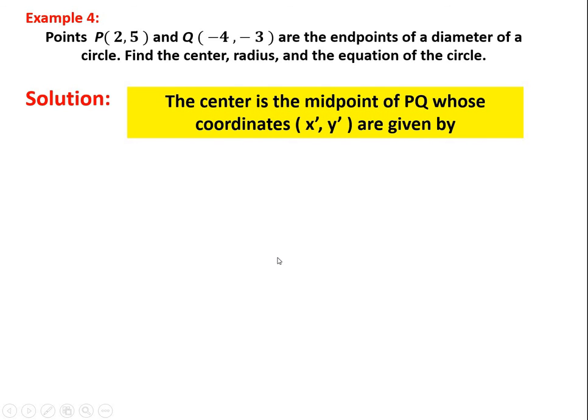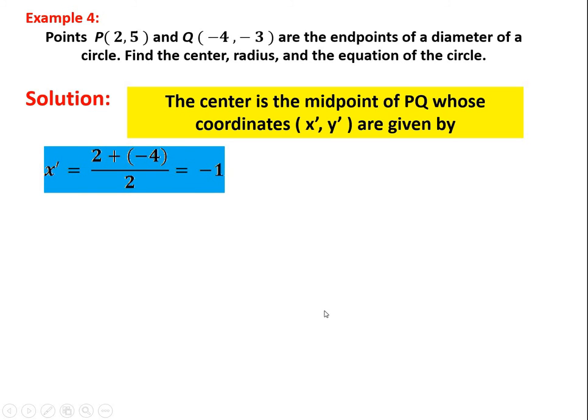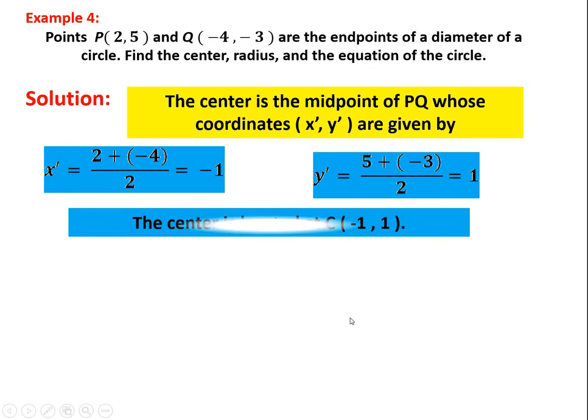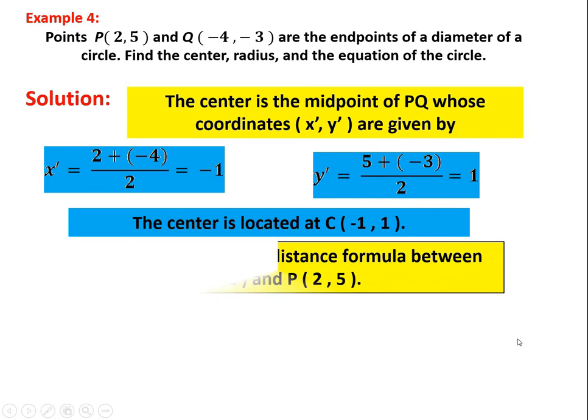The center is the midpoint of PQ, whose coordinates x' and y' are given by x' equals (2 plus negative 4) over 2, which equals negative 1, and y' equals (5 plus negative 3) over 2, which is 1. Therefore, the center is located at C(-1, 1).